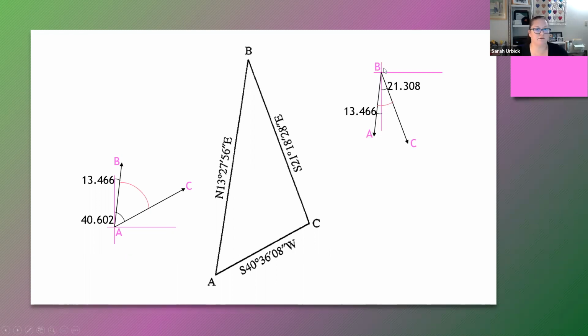So we have this south-facing line. So our measurement off of that vertical back towards A is our same 13.4647 degrees. Our measurement from our south line out to C is 21.308.